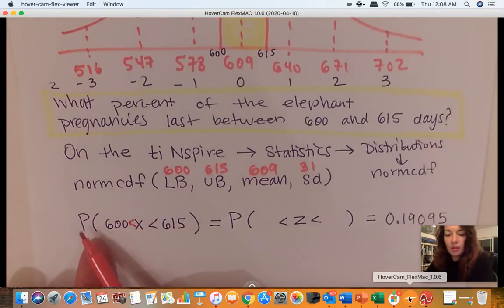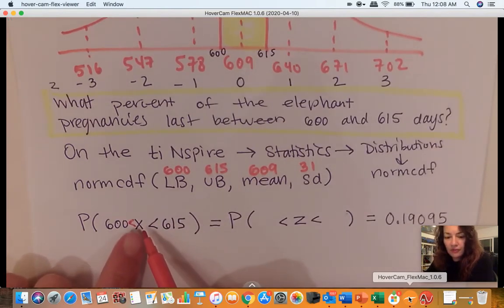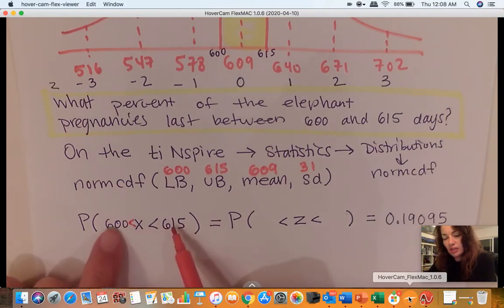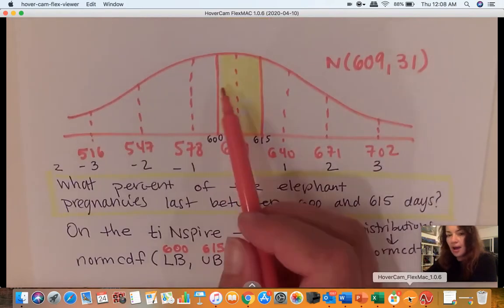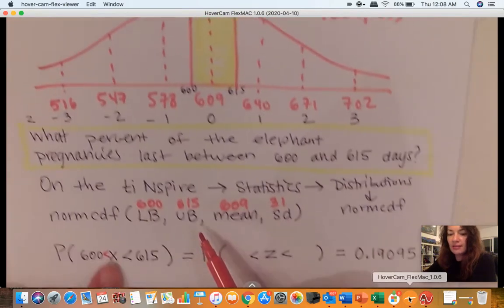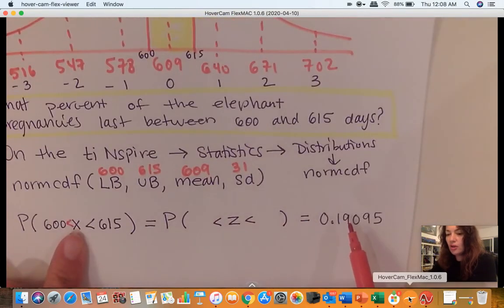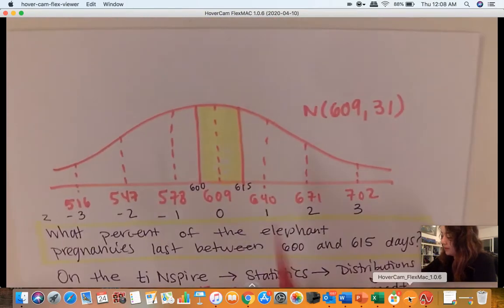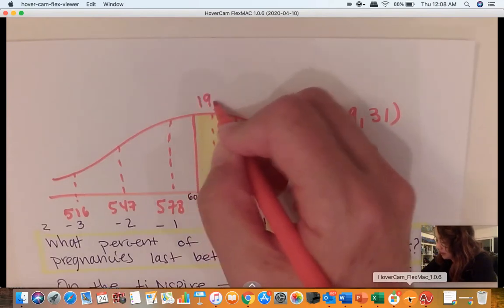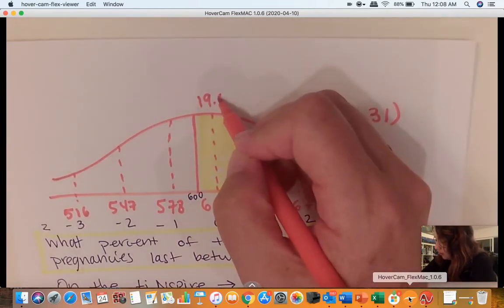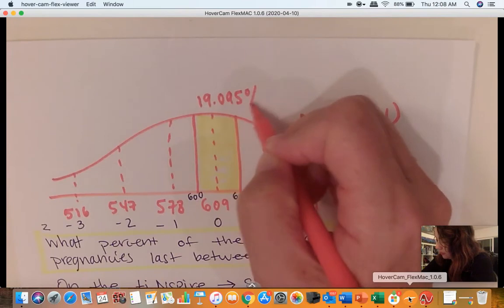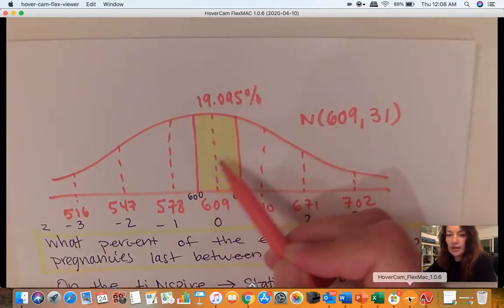What's the probability of, in other words, the area under the curve where we have our values between 600 and 615. For all values between 600 and 615, I have it shaded over here, and that area corresponds to 19.09%. So this area right here is 19.09%.